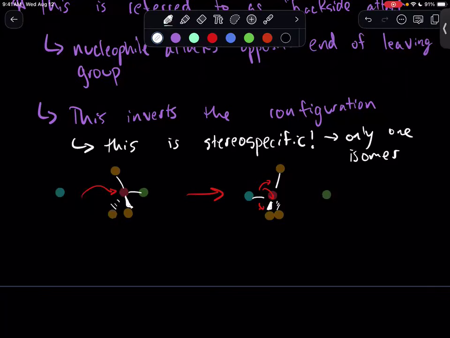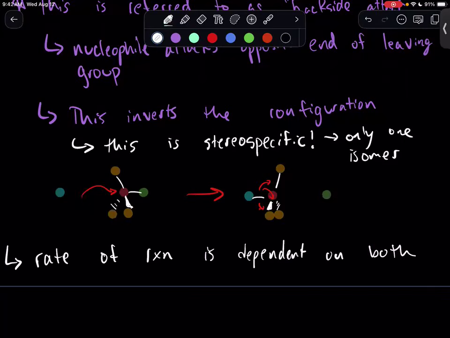Furthermore, because we must have both reactants here, the rate of reaction is dependent on both nucleophile and halogenoalkane concentration.